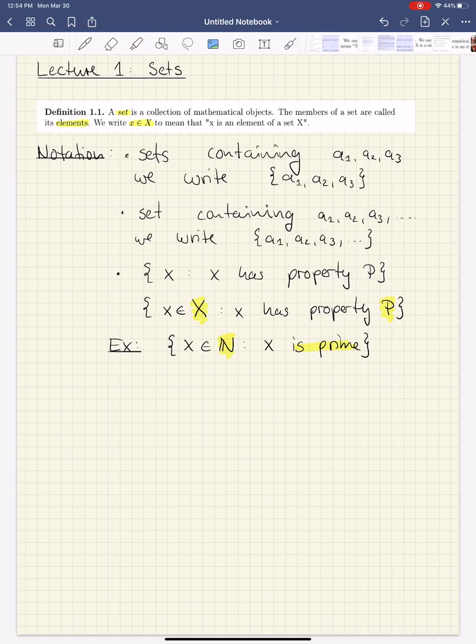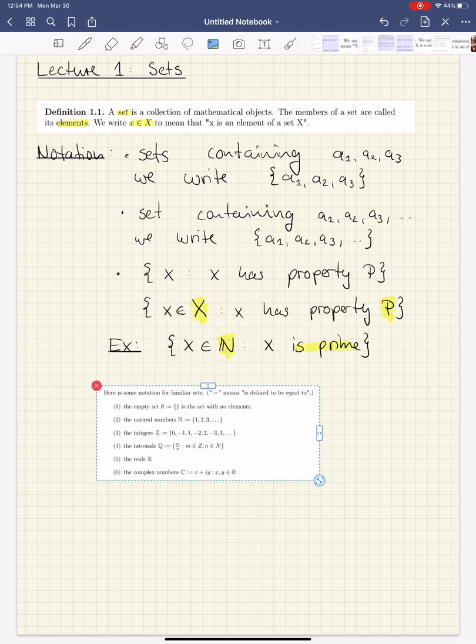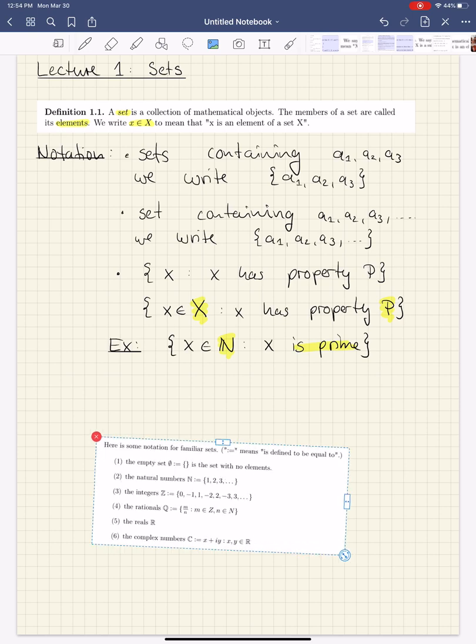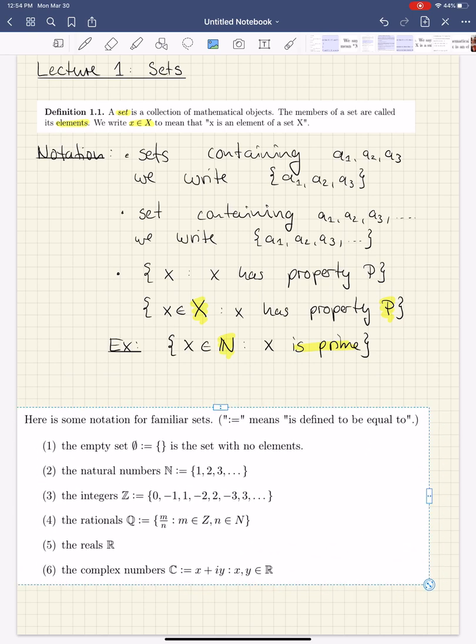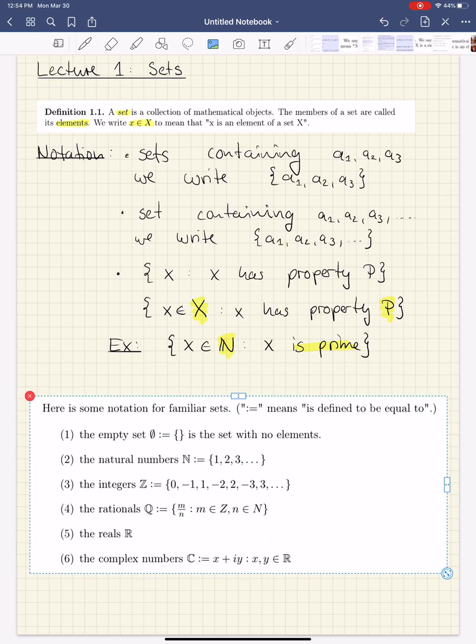Okay, so then let us see some other important sets that you probably already know. We can look at the empty set, the set that contains no elements at all. We have the natural numbers, the integers, which are the natural numbers together with 0 and all the negative numbers.